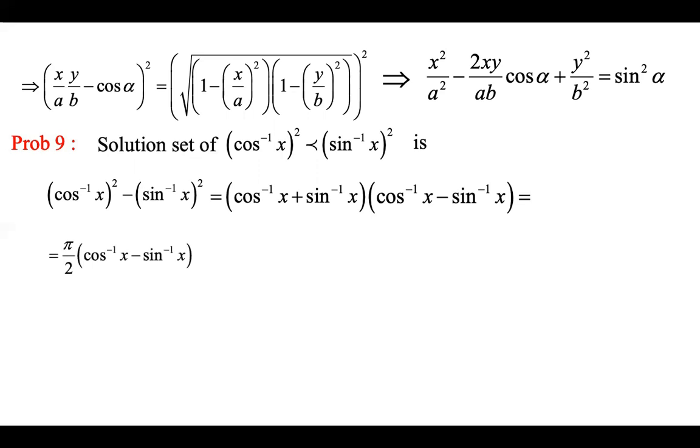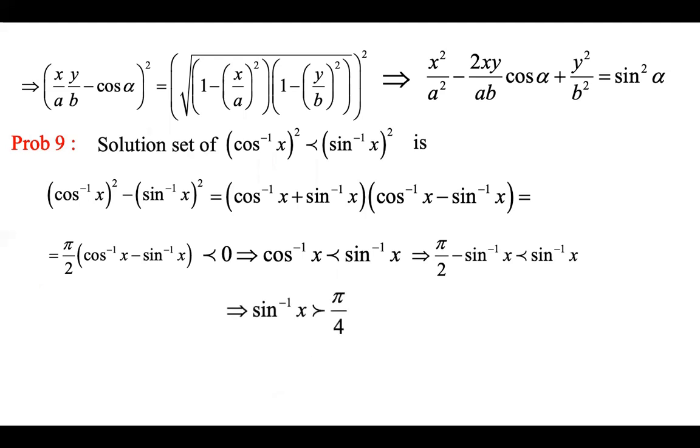And the next part is cos inverse x minus sin inverse x. We are expecting it to be lesser than 0. But pi by 2 is always constant. Therefore, we are expecting cos inverse x must be lesser than sin inverse x. But cos inverse x can be replaced by pi by 2 minus sin inverse x, which is lesser than sin inverse x. So overall, it becomes sin inverse x must be greater than pi by 4.